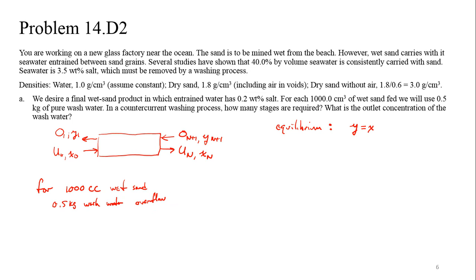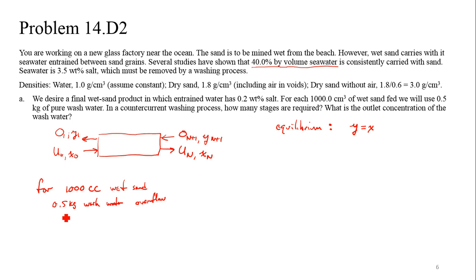How about the underflow? It says here that for each 1,000 cubic centimeters of wet sand fed, they use this much, but we also know up here that this system contains 40% by volume seawater. So for 1,000 cc's at 40%, how much water do we have? 400.